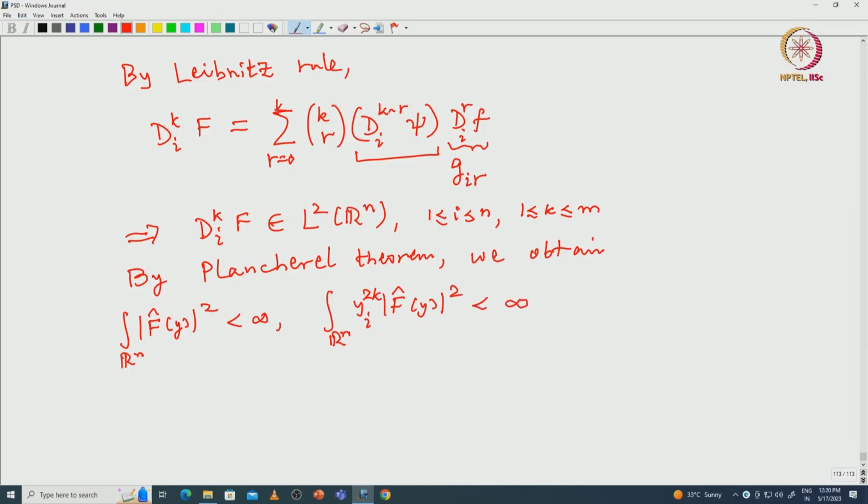So, that is essentially the Fourier transform of D_i^k F. So, this is for i equal to 1 to n and k is equal to 1 to m.